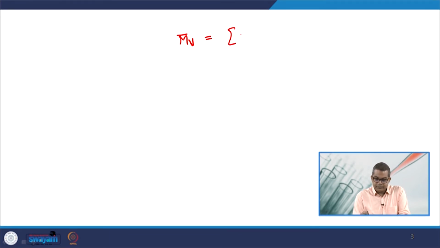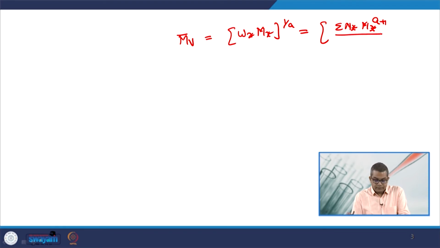This is the weight of x component mx, Nx mx on A. Now, here A is constant.